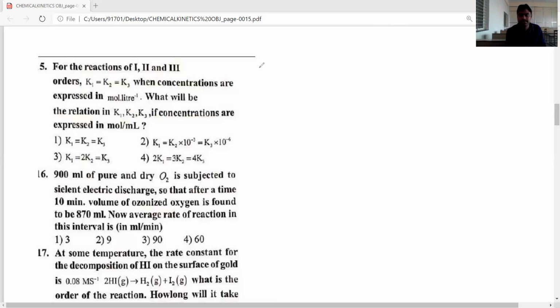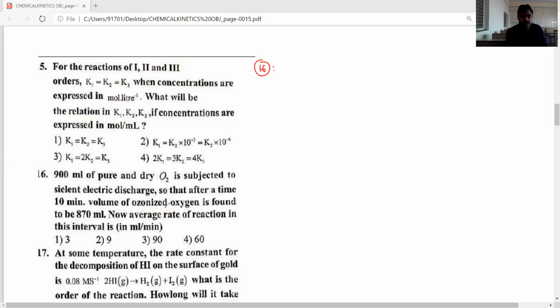16th question, let's see what they gave in the 16th question. 900 ml of pure dry O2 is subjected to silent electrical discharge.